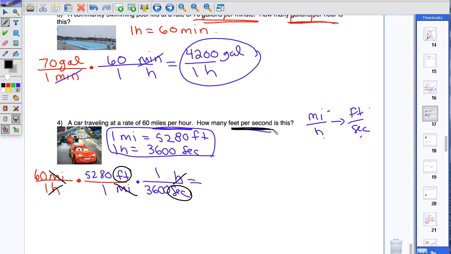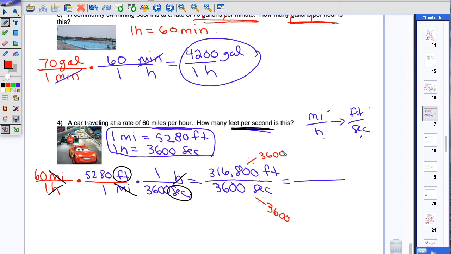Now using your calculator, you're going to multiply going across. So when we multiply, we get 316,800. Put in your label, and that would be feet. Over your denominator, 1 times 1 times 3,600 to give you 3,600. Put in your label, seconds. Now see, our denominator is not 1 second, so we need to divide the numerator and denominator by 3,600.